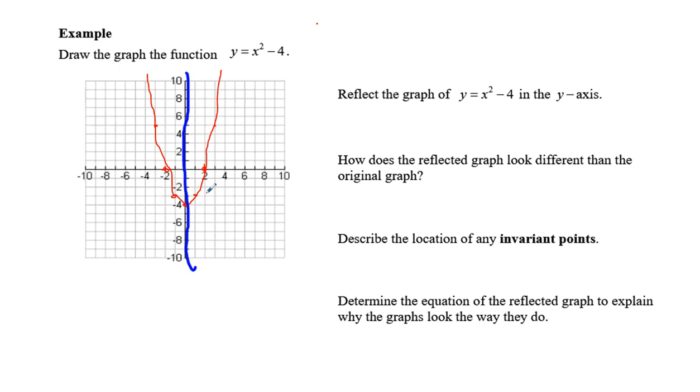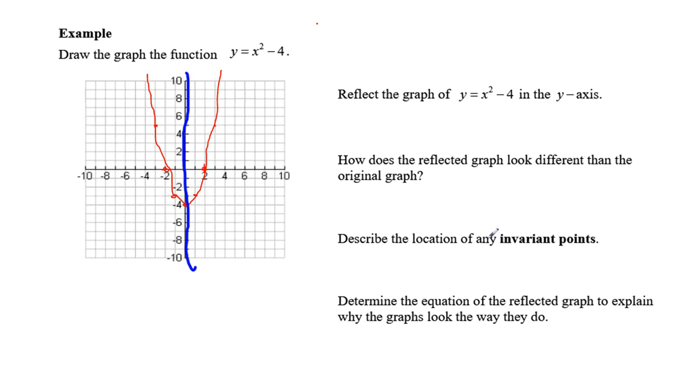If I turn around and I was flat, has anything changed? No. I'll still have the same shape. So reflect this thing in the y-axis. Done. How does the reflected graph look different than the original graph? It doesn't. It's the same graph.